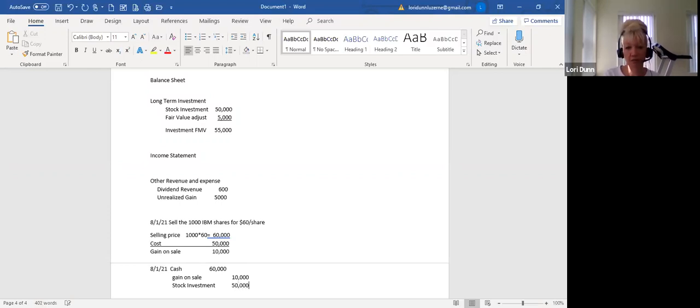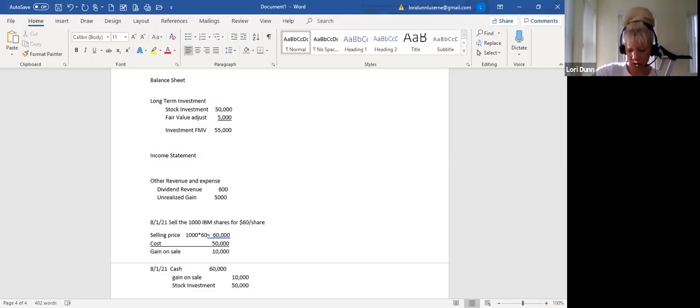Just like any other time we sell an investment. Remove the investment at what you originally paid for it by crediting the stock investment account this time. Debit cash for the full selling price. And the difference, in this case, you sold it for more than you originally bought it at, so it'll be a gain. If the reverse was true, it would be a loss.